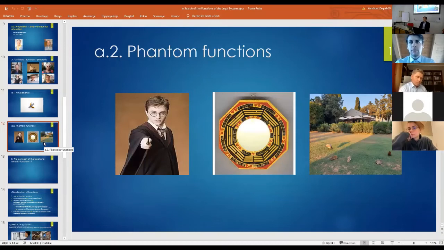For example, magic wands or feng shui mirrors or rabbit's feet are artifacts that are believed to have a function, for example, to deflect bad chi, which is a fundamental force, or to bring good luck, like rabbit's feet, or to produce magic with wands. But in the real world, this is not the real function of these objects, because it is something they are thought to be used for, but this is not the real function.